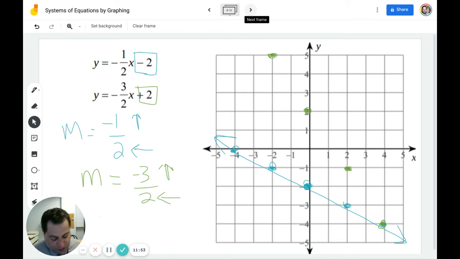We draw our line in. We see that the intercept is right here. That's at 4, negative 4.